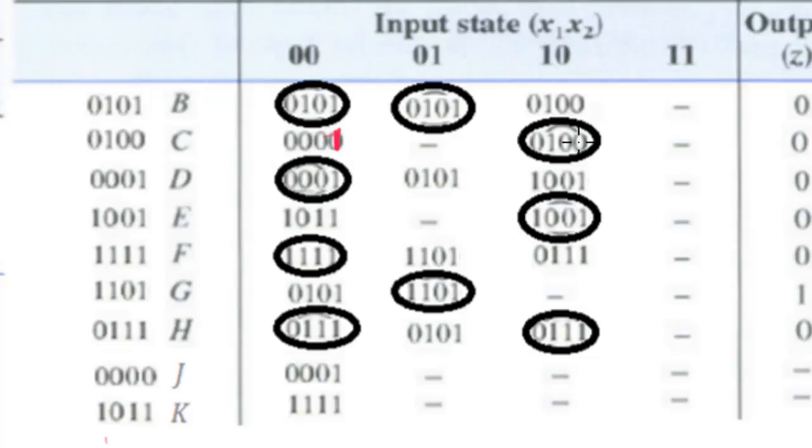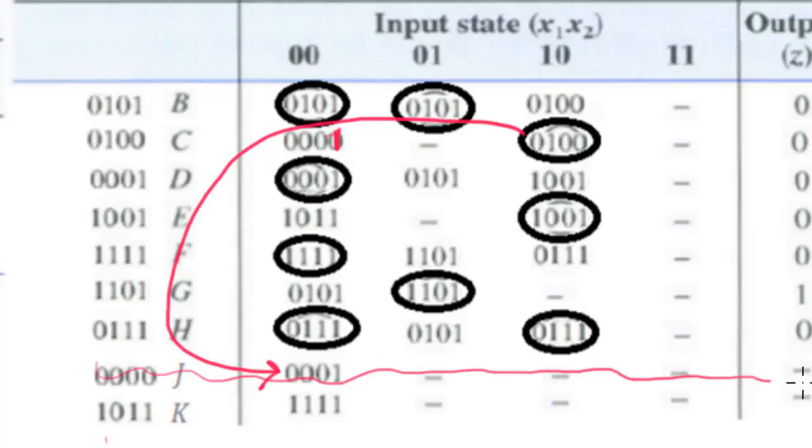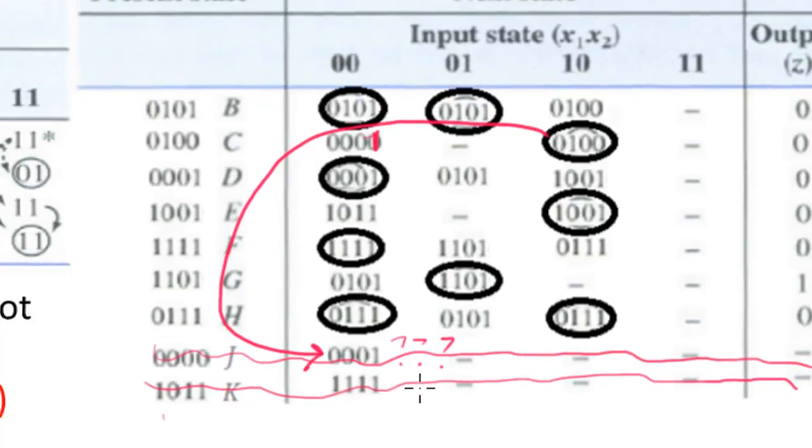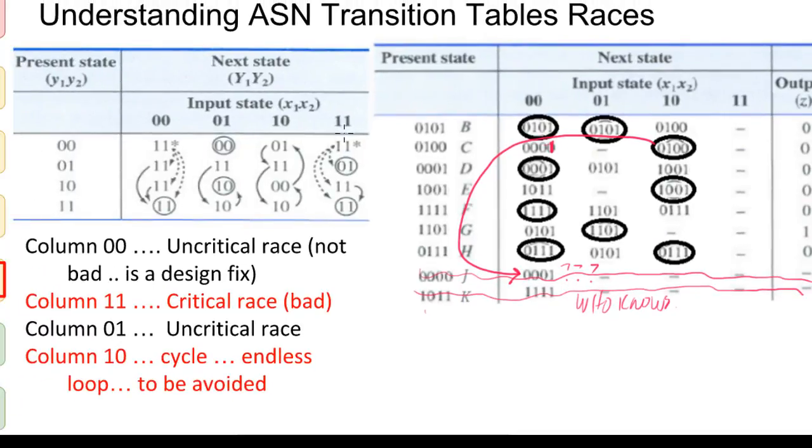So that this 0 could hang around, that 1 could go away, and we could slip from here down to here. And this wasn't even defined. This was undefined. Remember, it was don't cares. So whenever we were building our Karnaugh maps, it could go somewhere else. Who knows? So this is the problem here with this column.